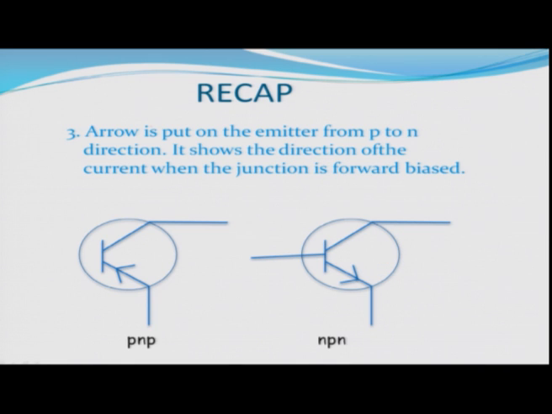Now, this is the symbol. You have 3 elements, 1, 2 and 3, they are put in a circle in general, and on one of these lines you have this arrow, and that arrow tells that this is the emitter. So, this is the emitter part and this is the collector part.